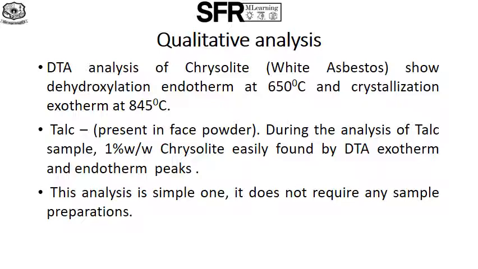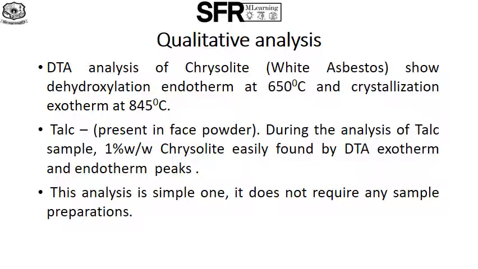First application is the qualitative analysis. DTA analysis of chrysotile, that is white asbestos, shows a dehydroxylation endothermic peak at 650 degrees centigrade and a crystallization exothermic peak at 845 degrees centigrade. Talc is a chemical that is present in face powder.